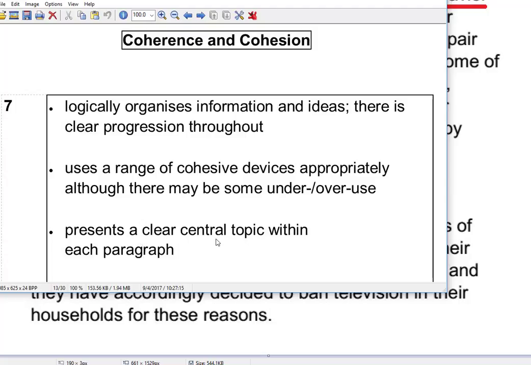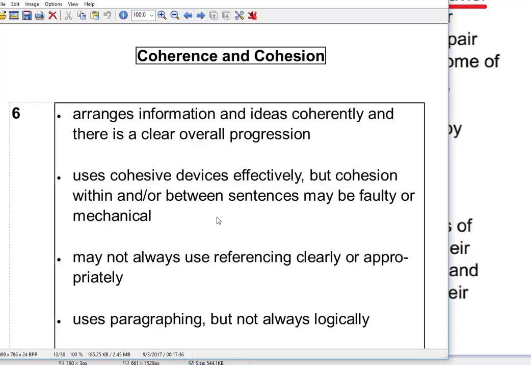A clear central topic. Is it clear? Well, I think because the signposting is missing, it's not that clear. So, just looking at paragraphing and topic of each paragraph, I think 6 is probably a good score for that.